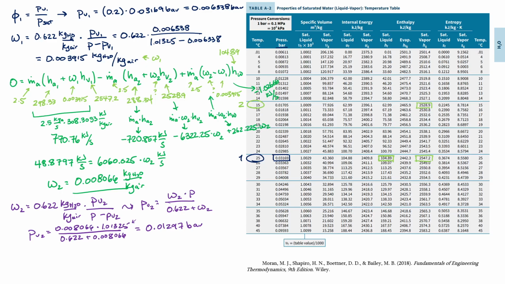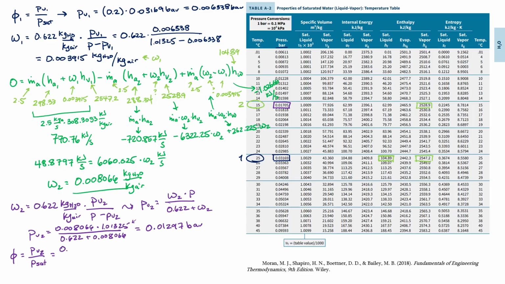So with that, phi is going to be my PV2 divided by my saturated pressure. My saturated pressure at this point, I'm now at my 15 degrees Celsius, so I'm going to use a different value than I used before.